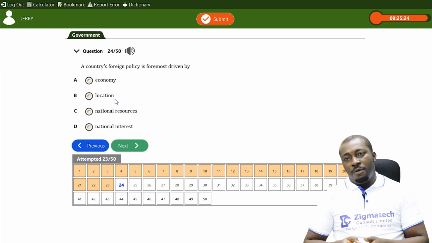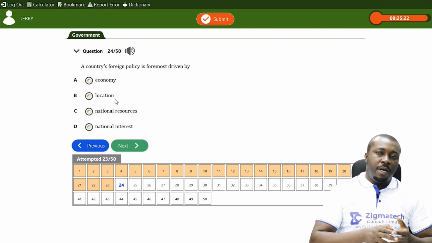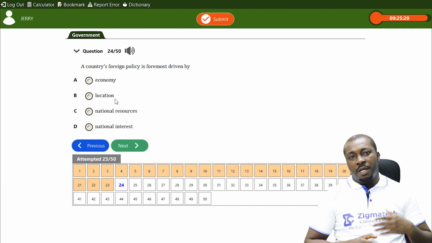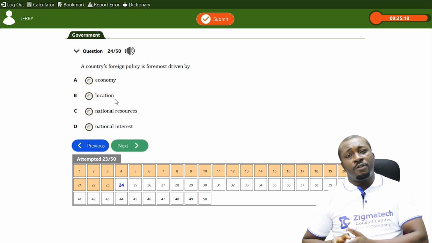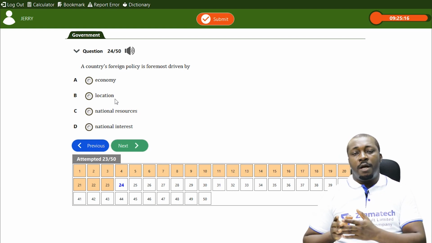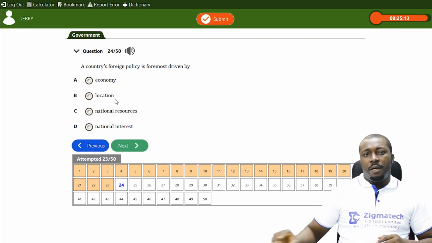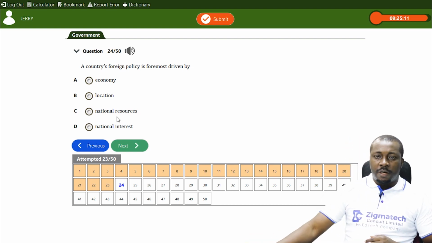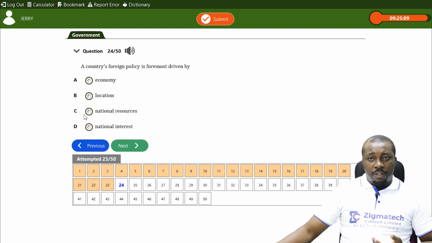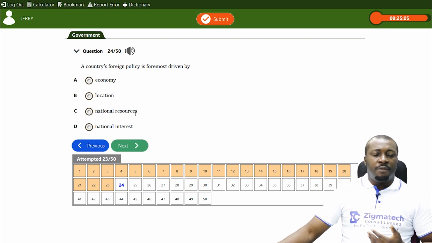And you see the role of Nigeria in forming the AU, which is a regional organization, and sub-regional organizations like ECOWAS, Economic Community of West African States. The natural resources of a country can influence foreign policy. You see, Nigeria's decision to join OPEC in 1971 was informed by her natural resources, which is crude oil.